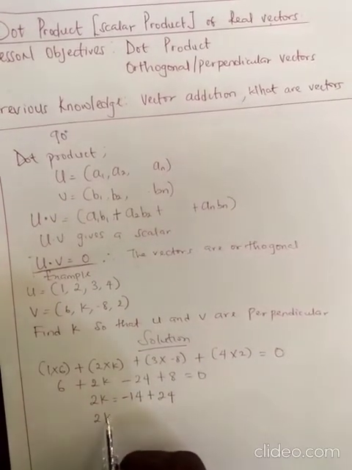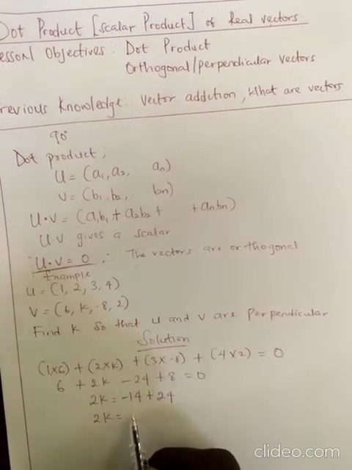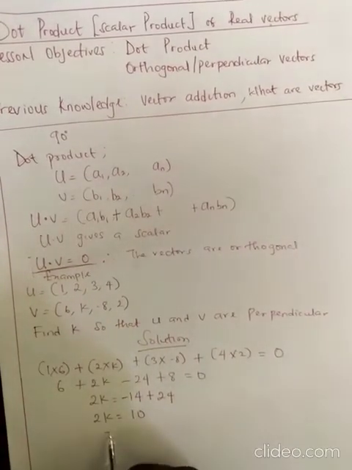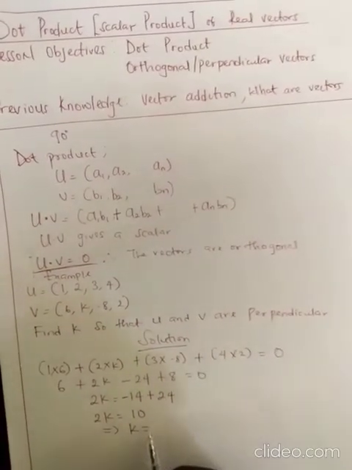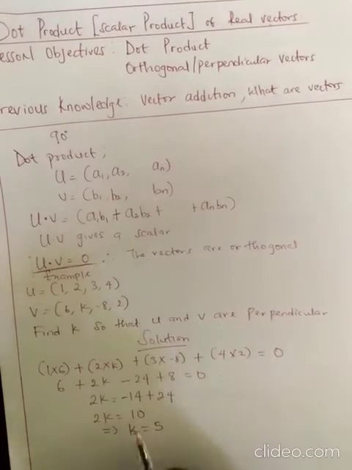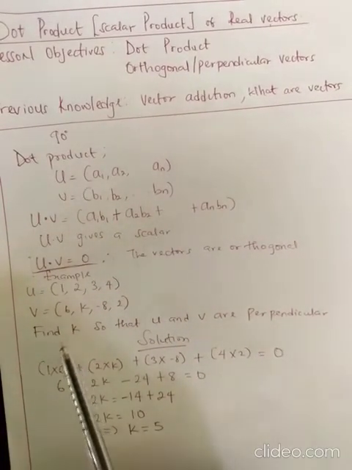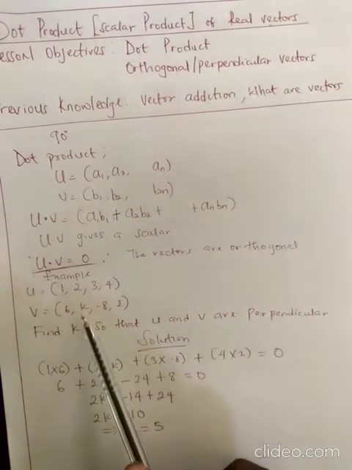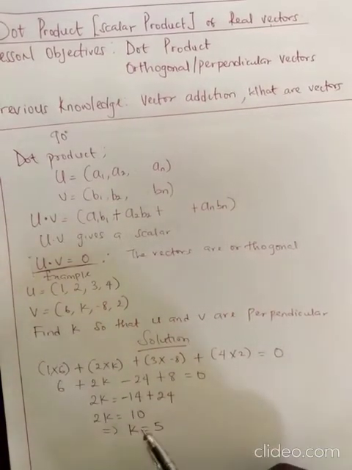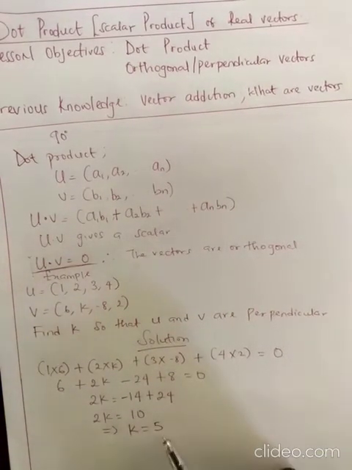So I have 2k equals 10, which implies that k equals 5. So the value of k that will make these vectors perpendicular or orthogonal to each other is 5.